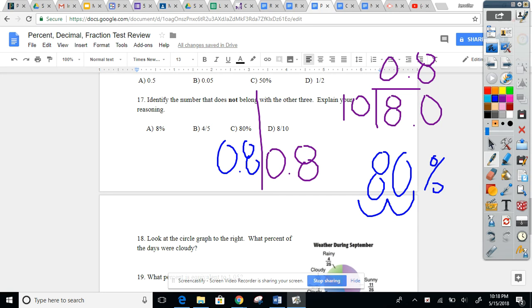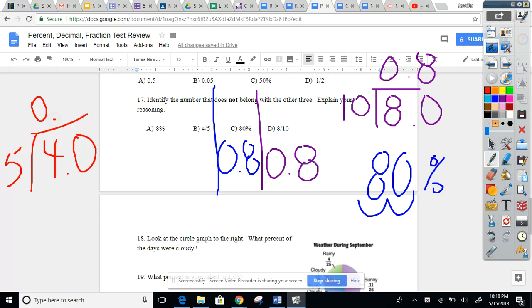And I get the same thing. Now let's try B. Alright, fraction bar means to divide. 5 doesn't go into 4, but it will go into 40. Okay, 5 times what's 40? That would be 8. Okay, so that looks like it's the same thing.